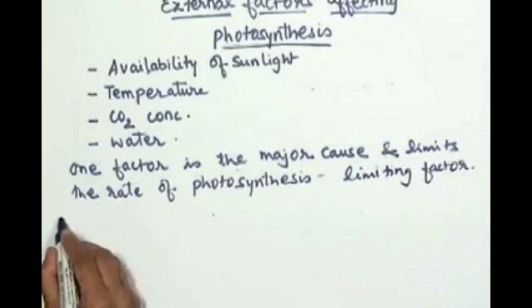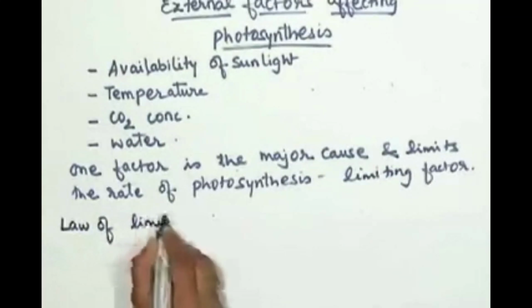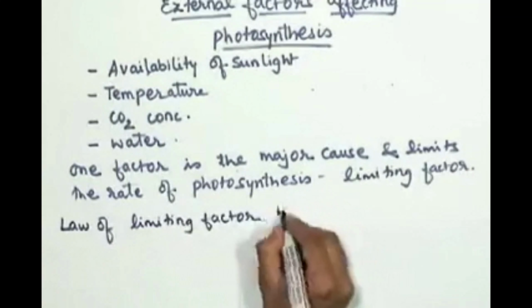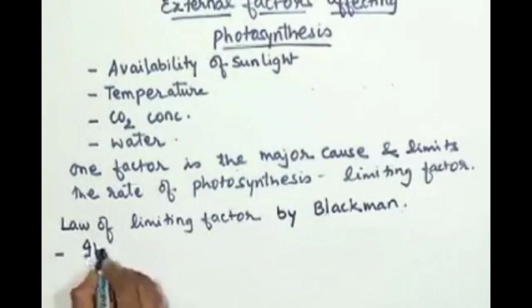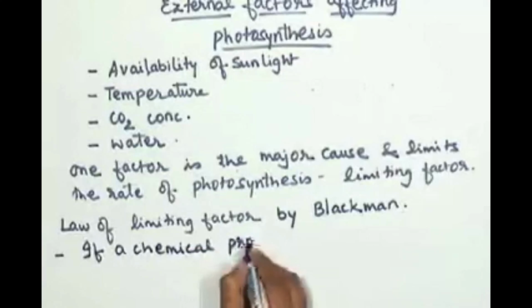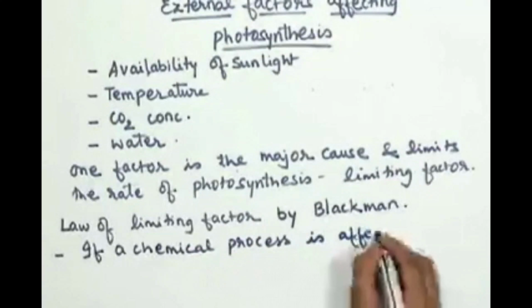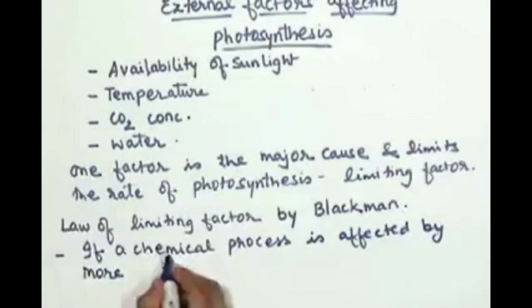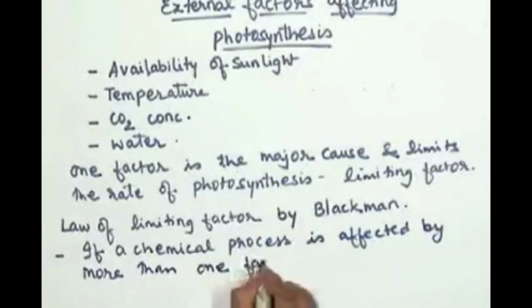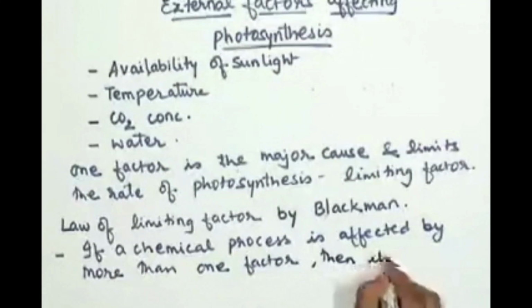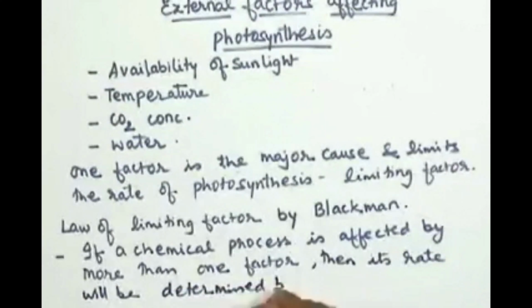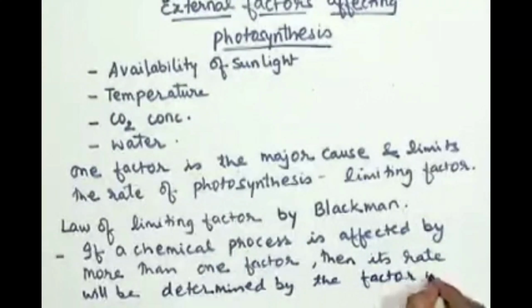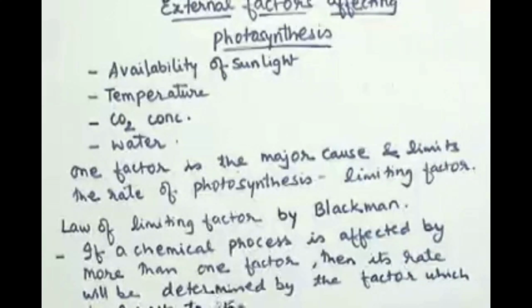Blackman has given a law of limiting factors. The law states that if a chemical process is affected by more than one factor, then its rate will be determined by the factor which is nearest to its minimal value.